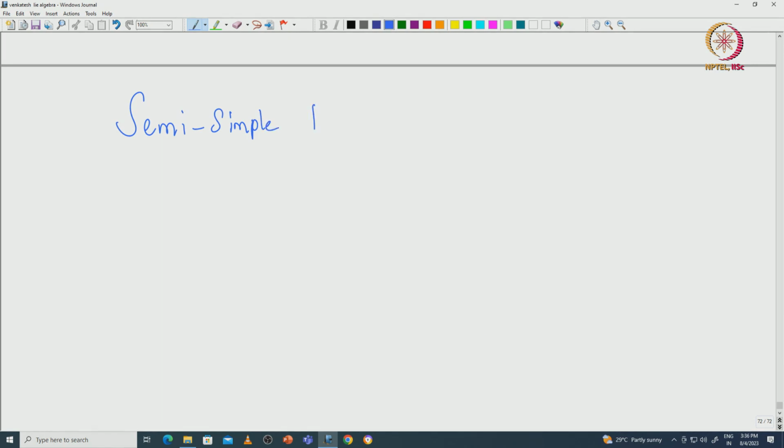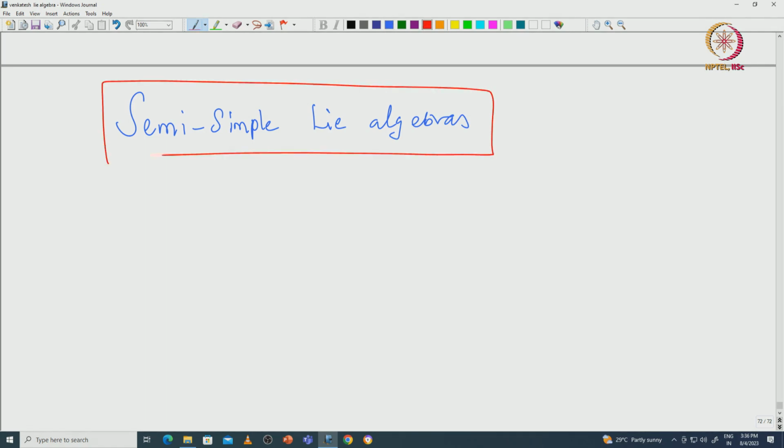Semi-simple Lie algebras. We will give the definition of semi-simple Lie algebras later in this course, but for this class one knows that the center of these semi-simple Lie algebras is always 0.